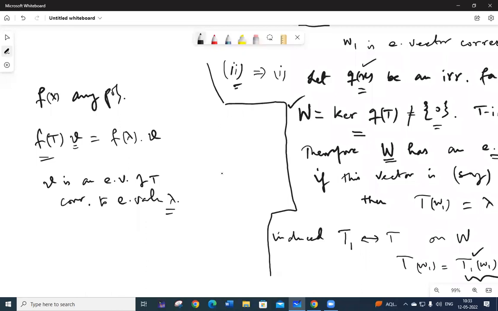Now, if f is the characteristic polynomial, this is true for all polynomials, then this is Ct of lambda applied to V. But the characteristic polynomial is 0, right?